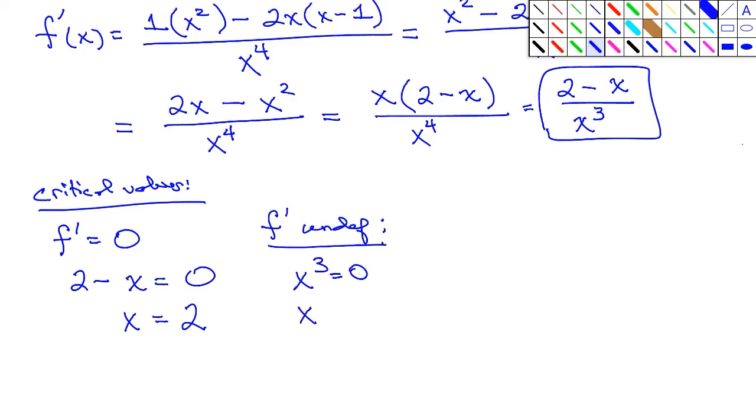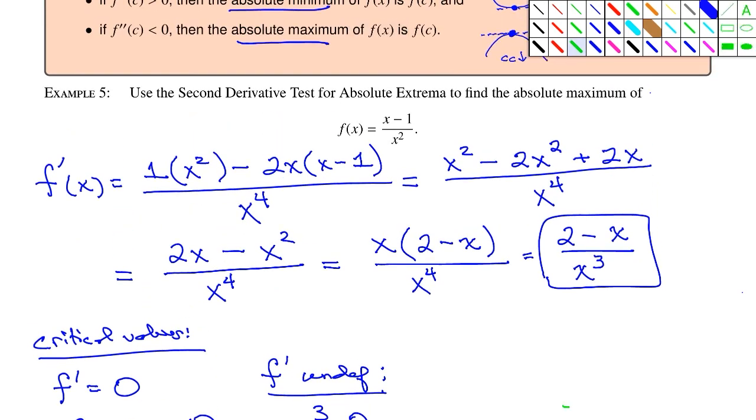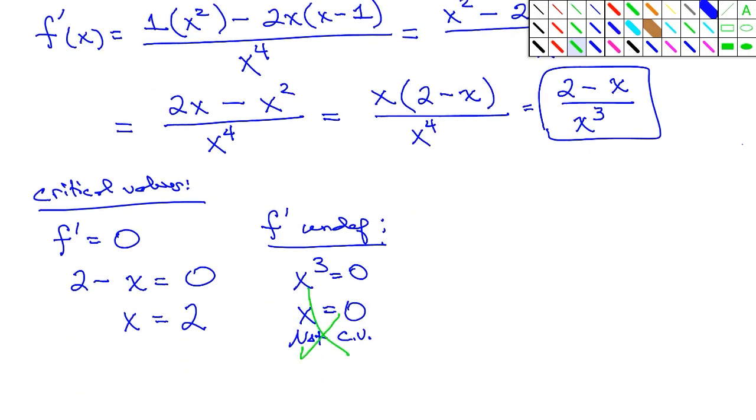And that would be x equals 0. Now this is not a critical value because the original function had x squared in the denominator. So x was not allowed to be equal to 0 for the domain. Since 0 is not in the domain of the original function, it cannot be a critical value. So we're good there.